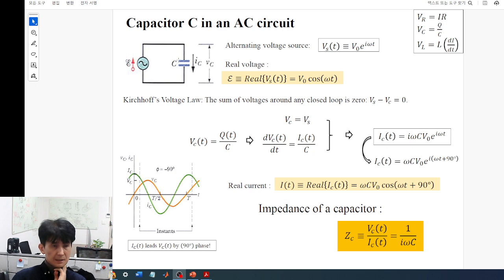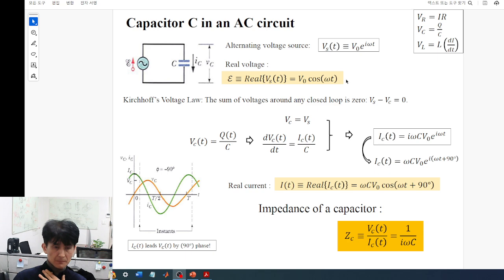And if there is a capacitor within the circuit, then we represent V, the source of the voltage, as V0 exponential i omega t. The real voltage is the real part of the complex function of the voltage. So if we take the real part of this one, this becomes V0 cosine omega t.